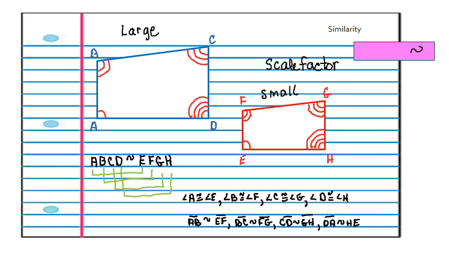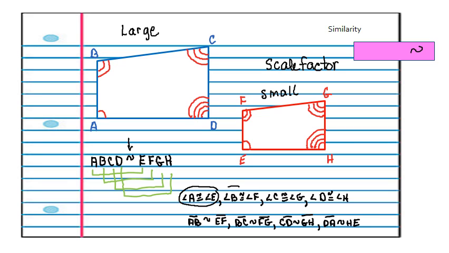Now, to write this out, what we have is that quadrilateral ABCD is similar to quadrilateral EFGH. That results in the fact that angles are congruent, similar ones.